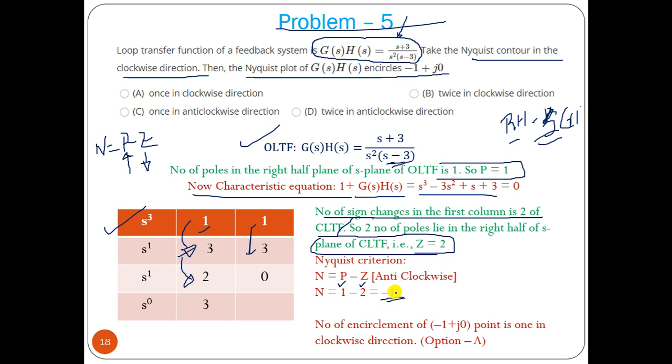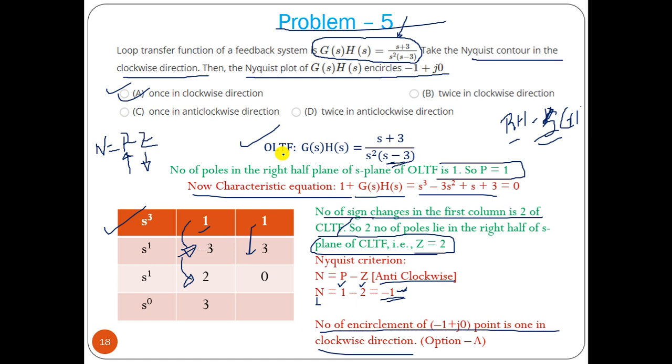Encirclement should be 1, here it is minus 1, so this n is anti-clockwise in sign convention, minus 1 means it should be clockwise. So the number of encirclements of this critical point is 1 time in clockwise direction. So option A should be the right answer.